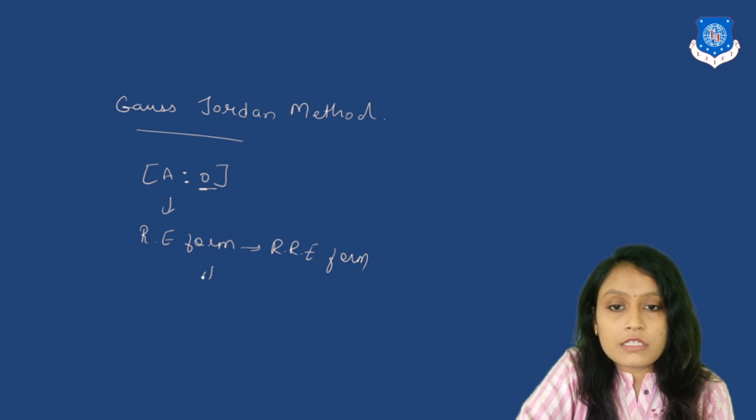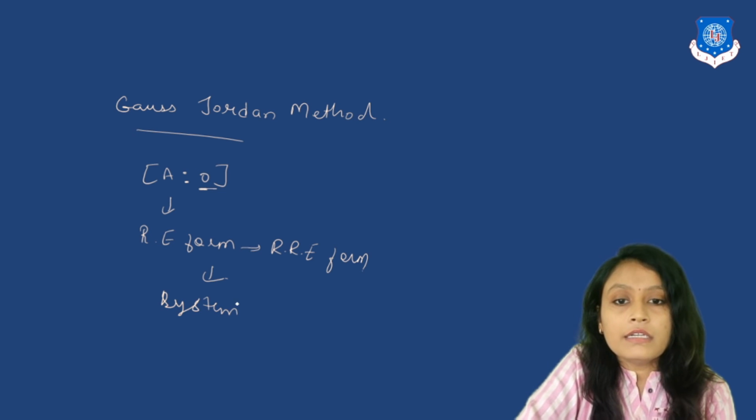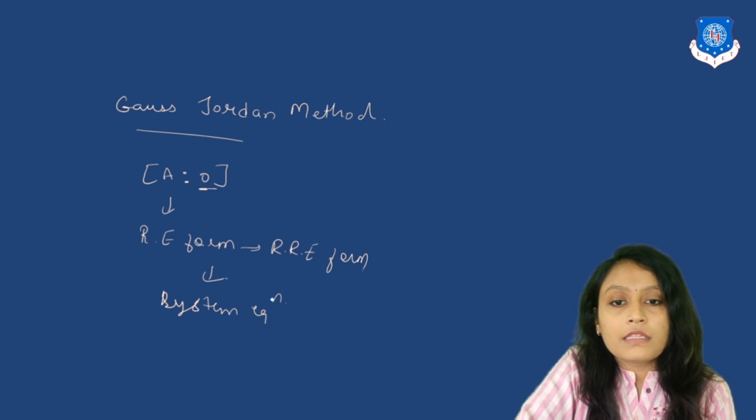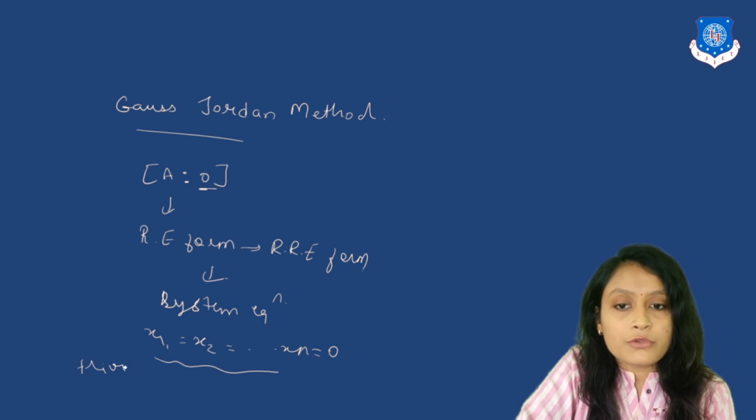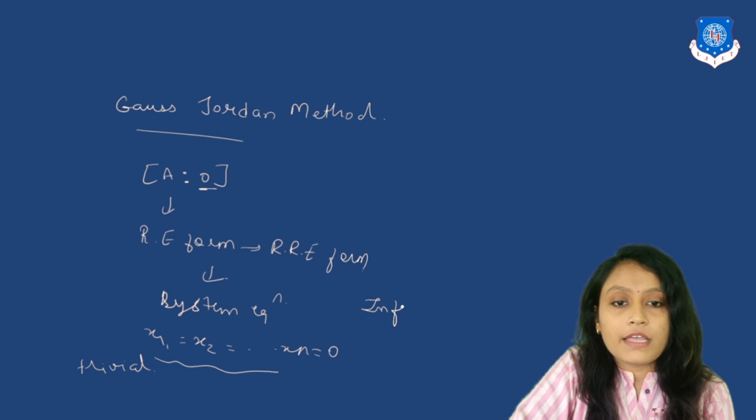After this, you will get the system of equations. From that, you will get the answer of x1, x2 and so on, xn, as 0 if the solution is trivial. Otherwise you can get infinite solutions. When will you get infinite solutions? When you have a 0 row, then you will get infinite solutions.